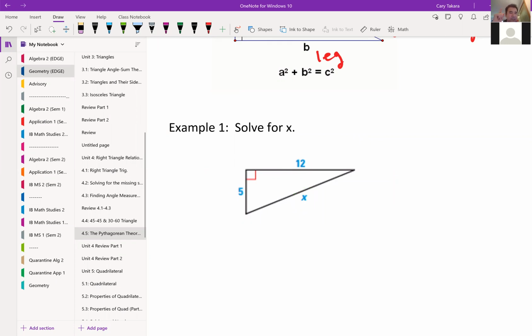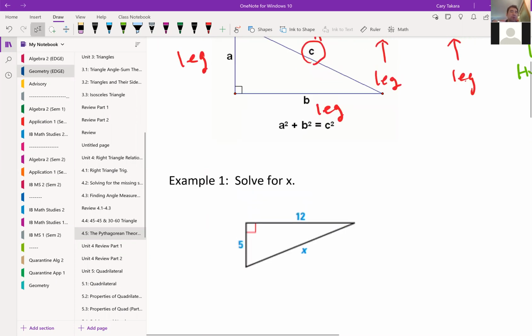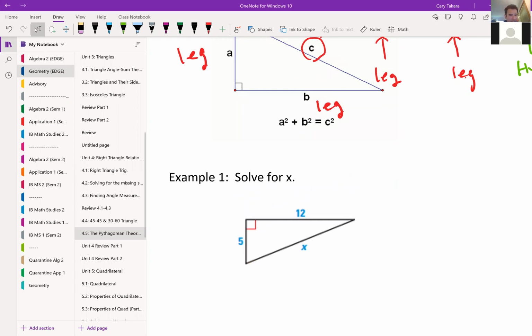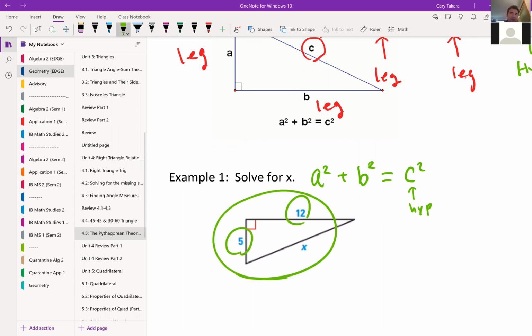The first step is to identify which one is A, which one is B, and which one is C, because the Pythagorean theorem says a squared plus b squared equals c squared, right? Now c is the hypotenuse. Out of 5, 12, and x, which one is the hypotenuse? Is it the 5?